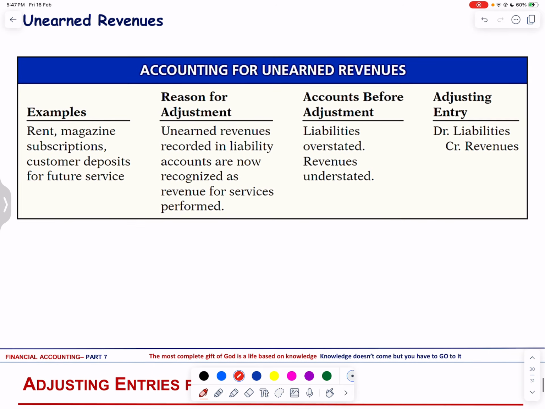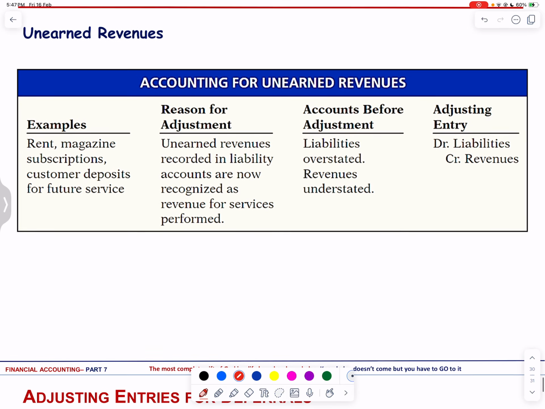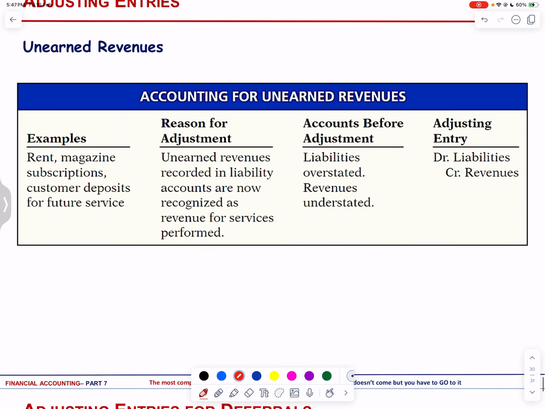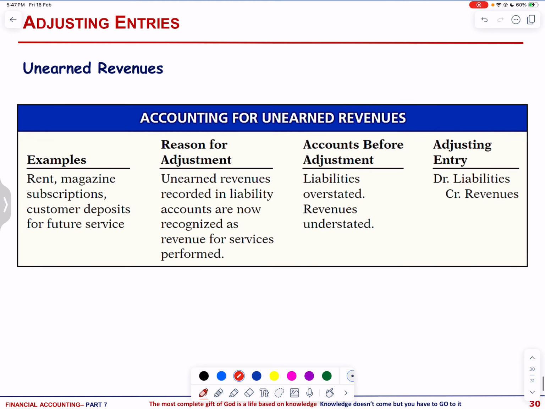So unearned revenue, the examples may be that we have received cash for rent in advance, for magazine subscription, customer deposit for future services. So the reason for adjustments is that unearned revenue recorded in liability accounts is now recognized as revenue for services performed.